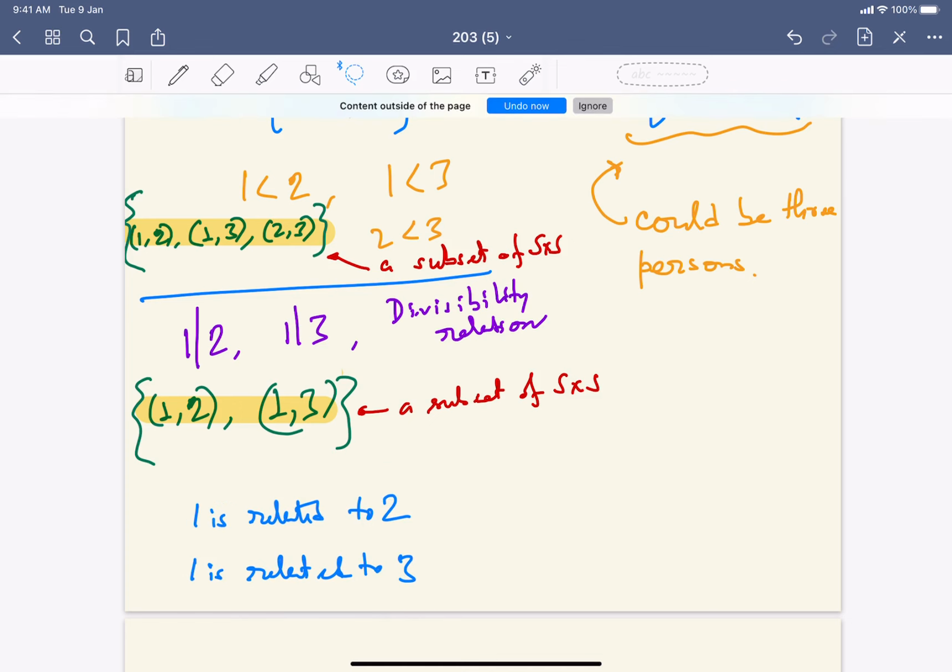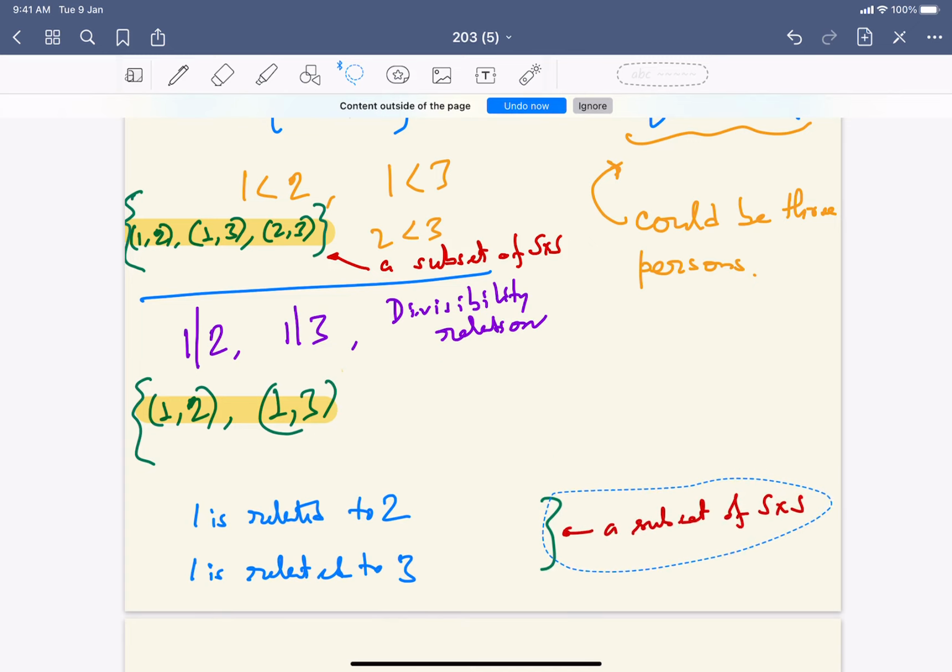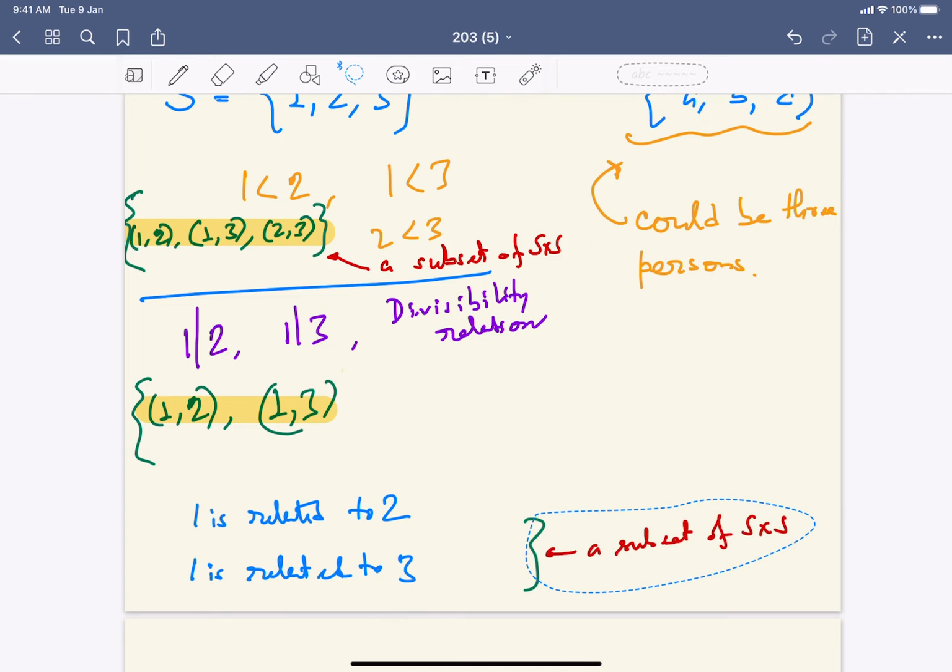Just give me a moment. I think you have already understood what I was trying to highlight. So 1 divides 1, 1 divides 2, and 1 divides 3, and then what else? 2 divides 2, 2 does not divide 3, 3 divides 3.